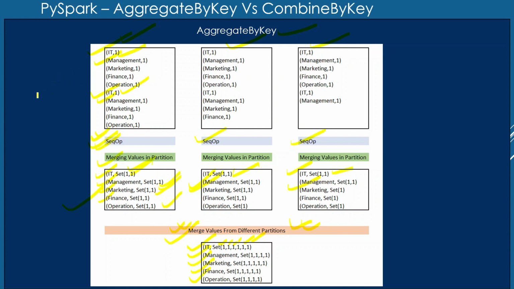Suppose here the data is 1 MB. When the sequence operation and merging of values in the partition happen, the data could be 1 MB only. So there is a huge reduction of data. And when the shuffling process happens, it becomes very fast, because the data is very small in size.